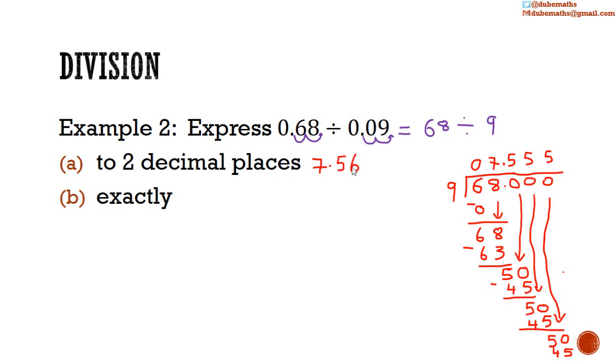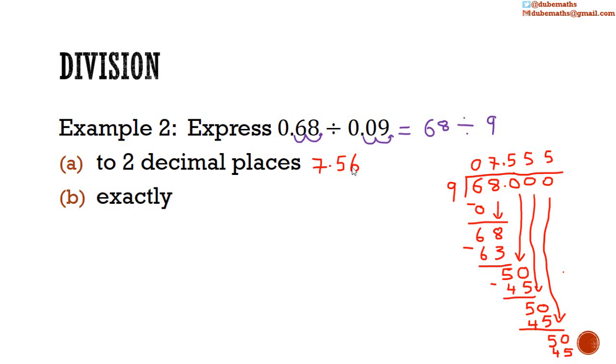What about part B? What is the answer exactly? This was the third time this step has repeated in the calculation. Each time we add a 0, we get 50, which has 9 going in 5 times, and we get a remainder of 5.